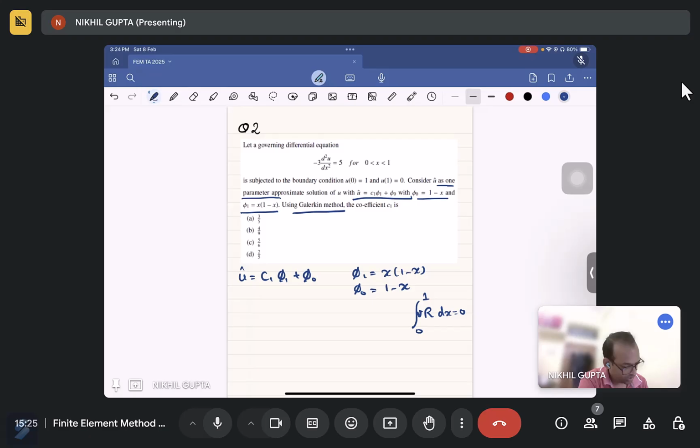So first, let's find the residual. What will the residual be? The residual will be 3 d2u by dx square plus 5.